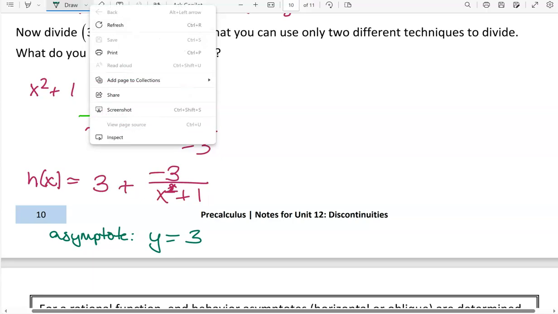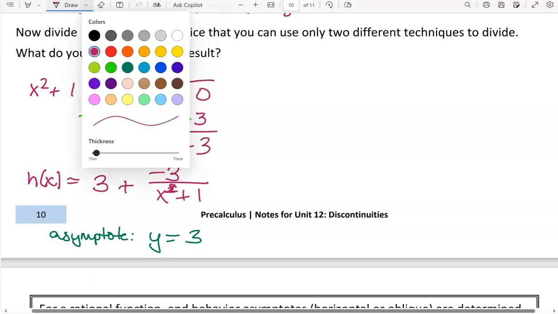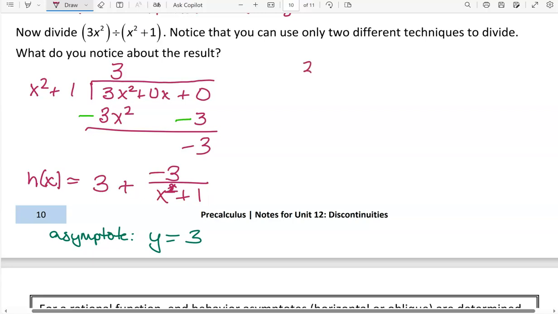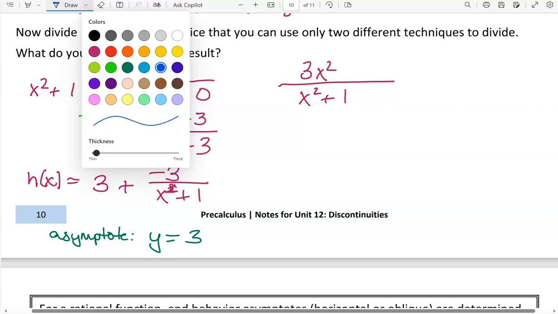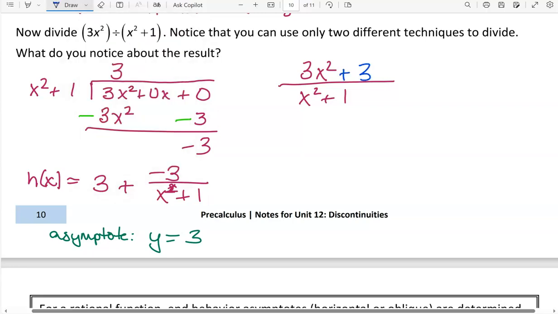There is another method for division that we can use, and so I'm going to rewrite the fraction 3x squared divided by x squared plus 1. It sure would be nice if we could factor the numerator, and so if we had a plus 3 added to that, then we could just factor out a 3, and 3 times x squared plus 1 divided by x squared plus 1 would be 3.